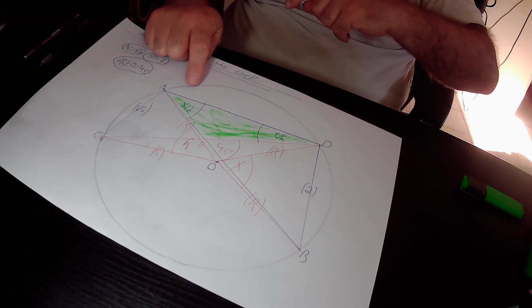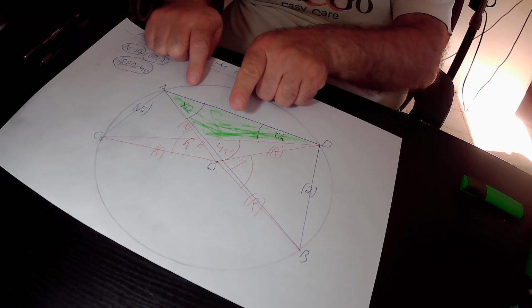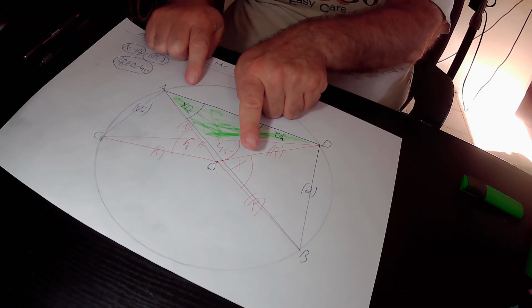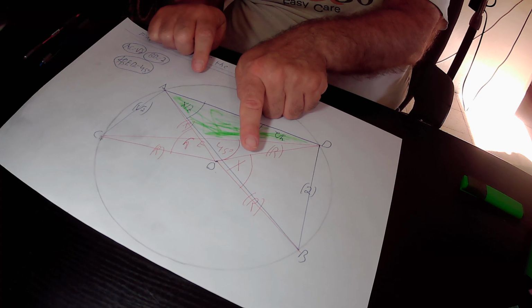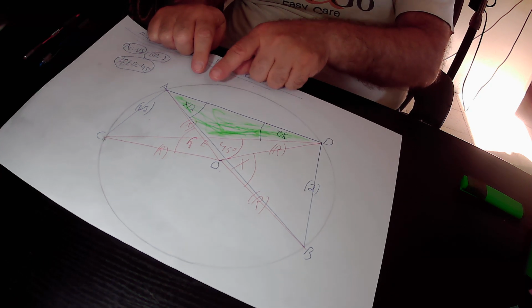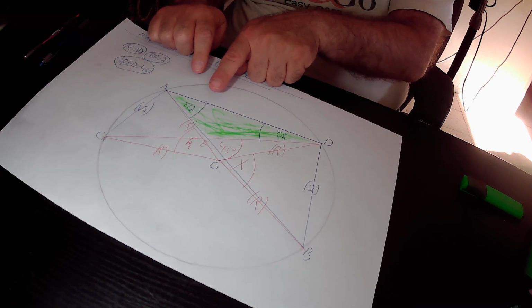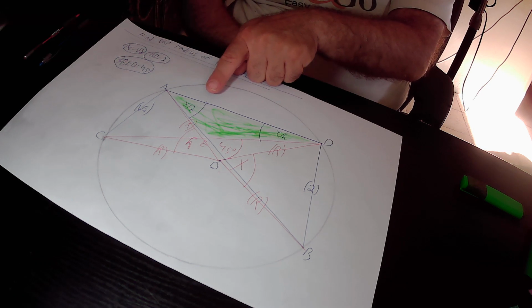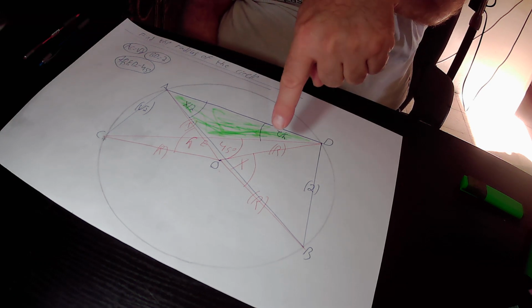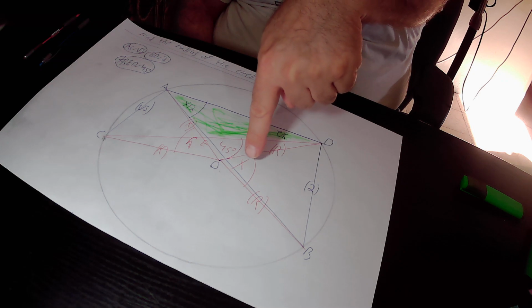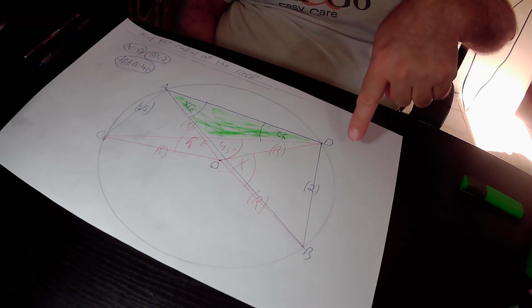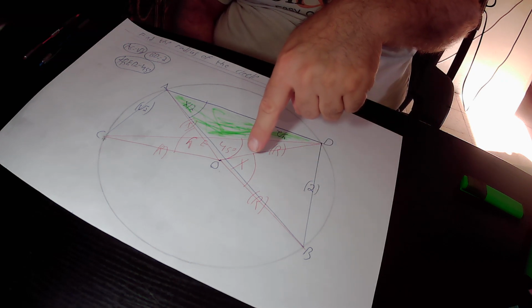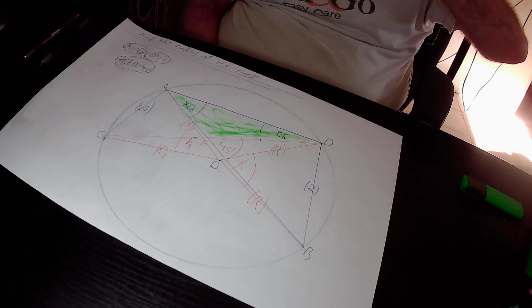And therefore, according to rule 13, the size of this central angle DOB must be twice as large as this peripheral angle DAB. The size of peripheral angle DAB is x over 2, and therefore the size of central angle DOB, that also subtends on the same chord DB, must be x over 2 times 2, that is x.